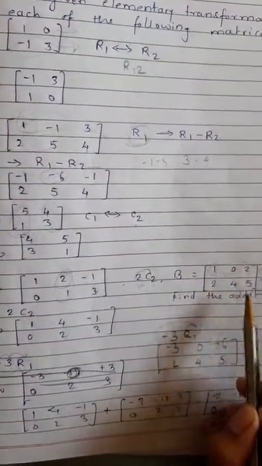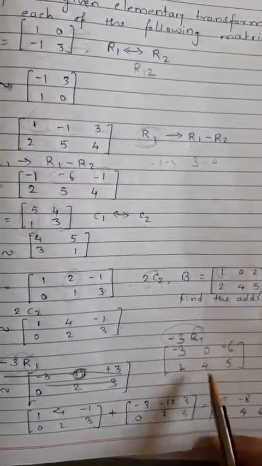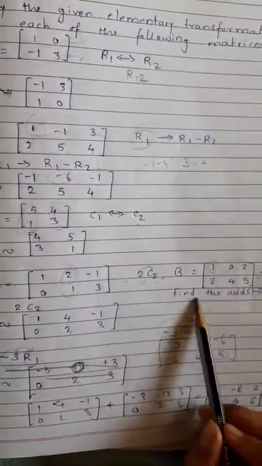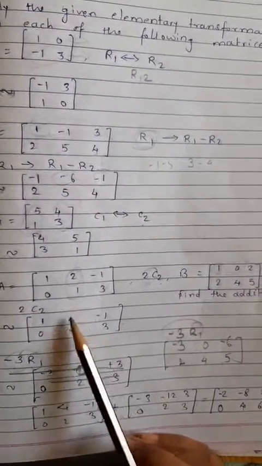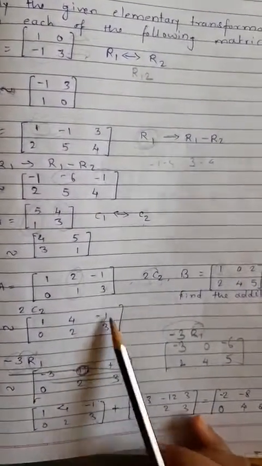So the second row will be as it is, there will be no change in the second row, and what they have asked, find the addition. So you have to do the addition of these two matrices.